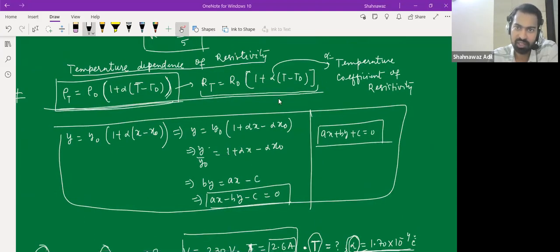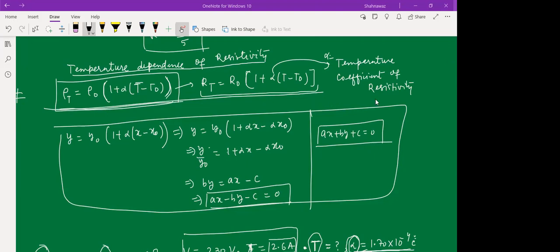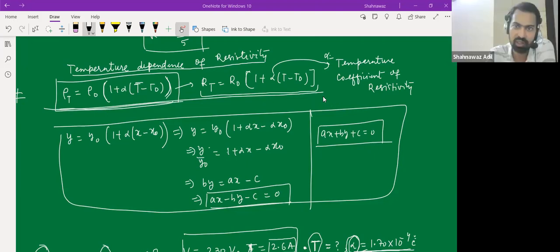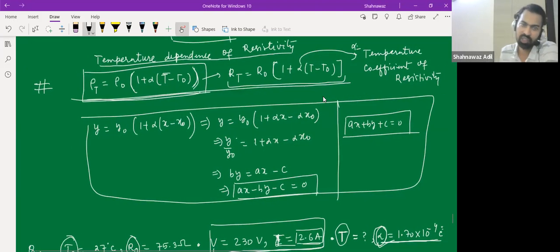Finding T, temperature dependence? Did you note down this part? No, sir. Please note it down and we will do the next one.